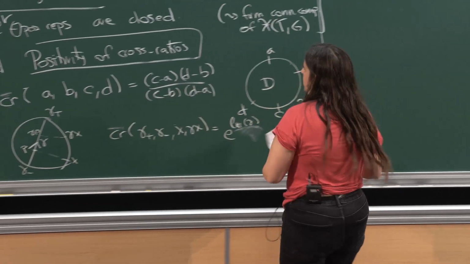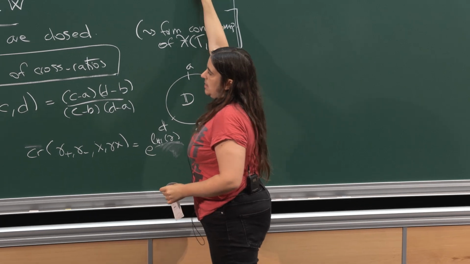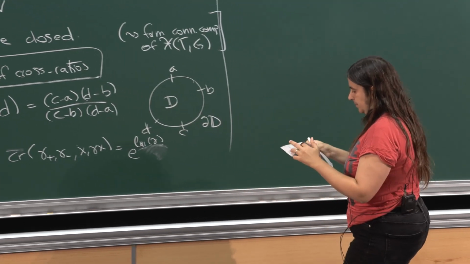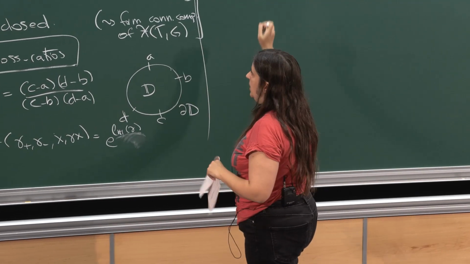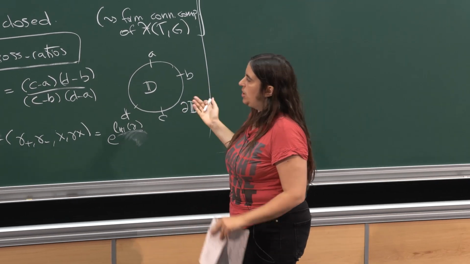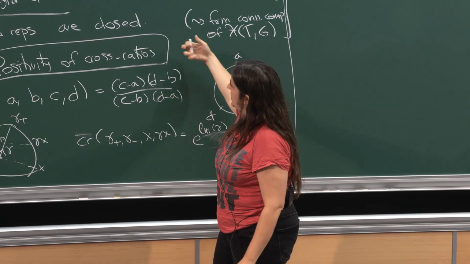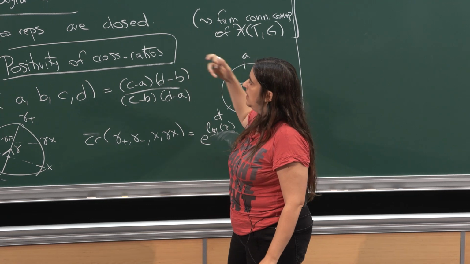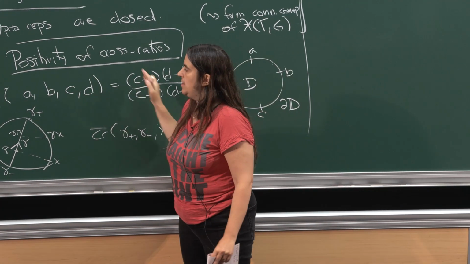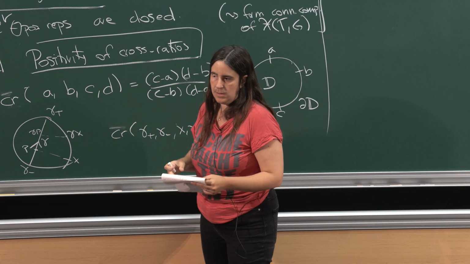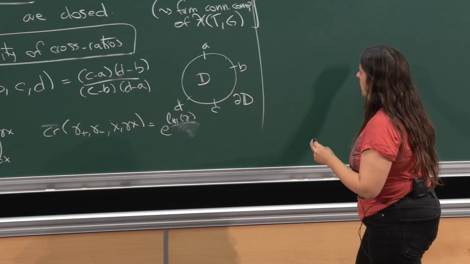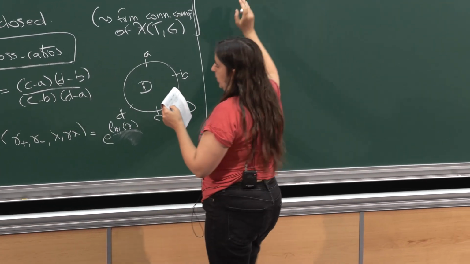And the important point is that this generalizes to various flag manifolds. In order to state what this positivity of cross ratio means, we choose some specific realization of cross ratios in general flag manifolds. Let me just do an example for you.